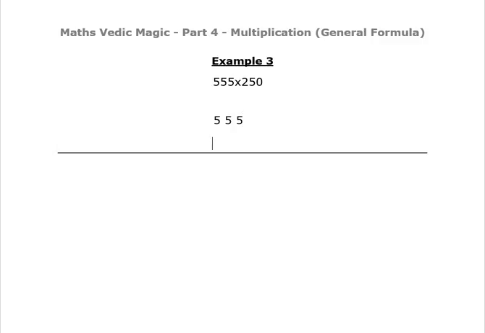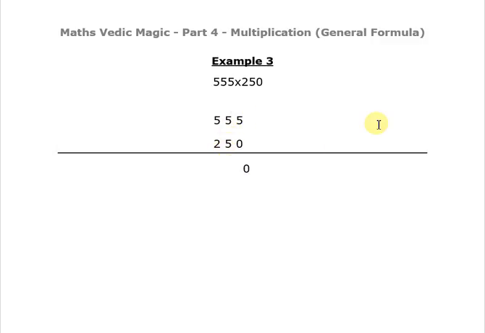So let's see. If we start with the rightmost digits, it's 5 into 0, 0. Then start shifting left and doing the cross multiplication. 5 into 0, 0 plus 5 into 5, 25. So it's 25 with the 2 carry.